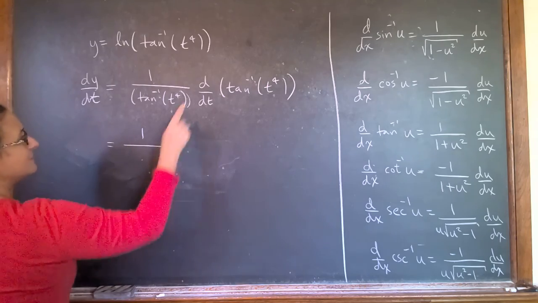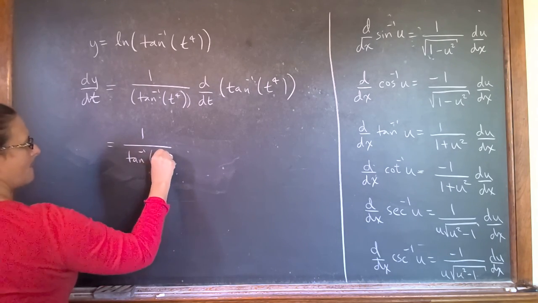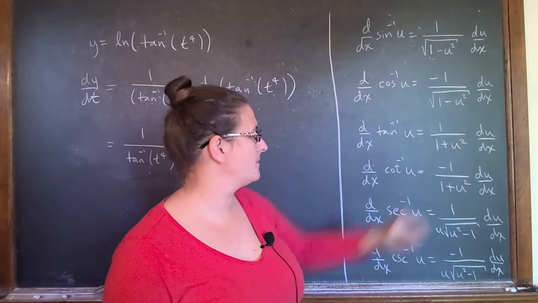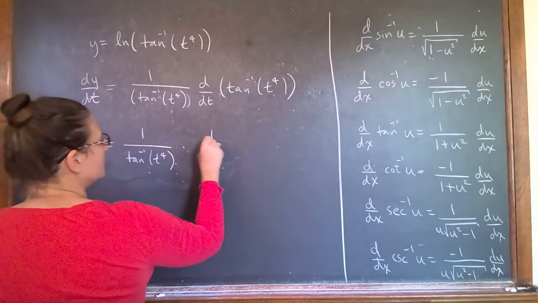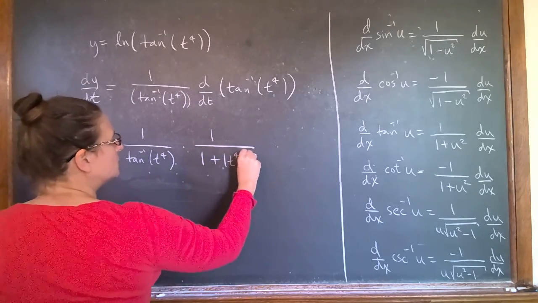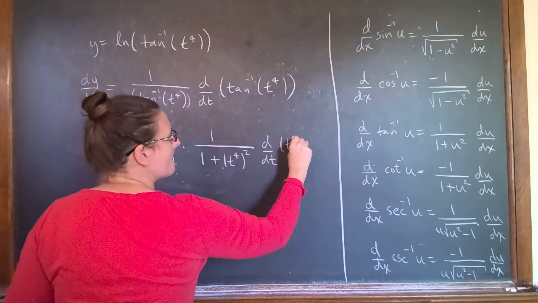Now, I have to take this derivative. So for inverse tan, it's 1 over 1 plus u squared. So it would be 1 over 1 plus t to the 4th squared, times the derivative of my u.